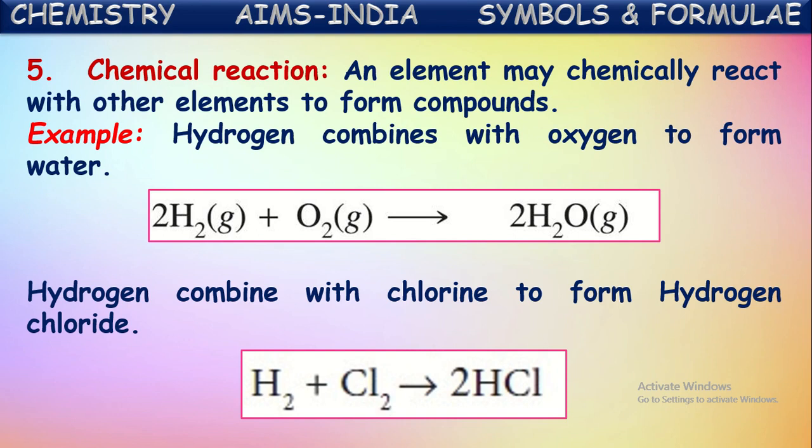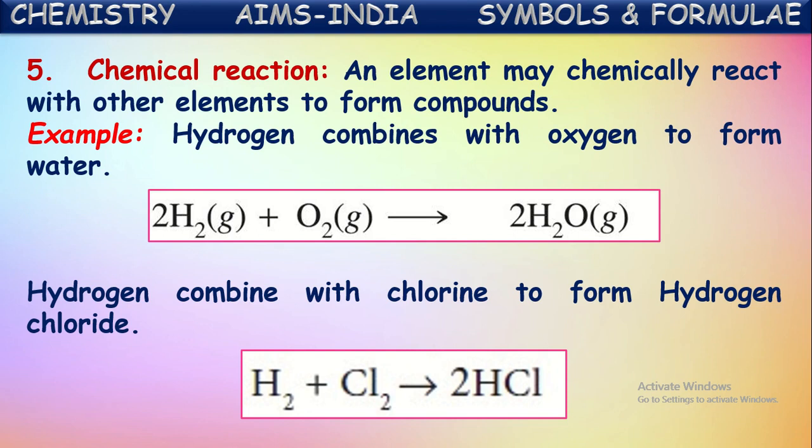Now if there are two letters in the symbol of an element, the first letter should be written in capital and the second letter in small. So by using these rules, we can assign a symbol for any element which is newly discovered also. And each symbol has two representations, a quantitative representation and a qualitative representation.